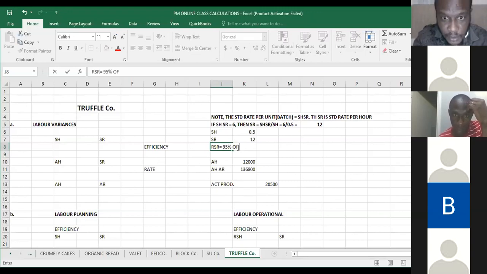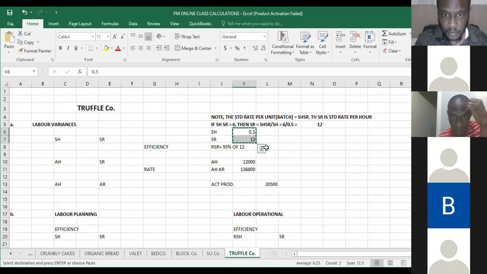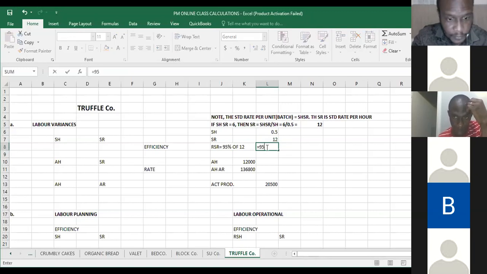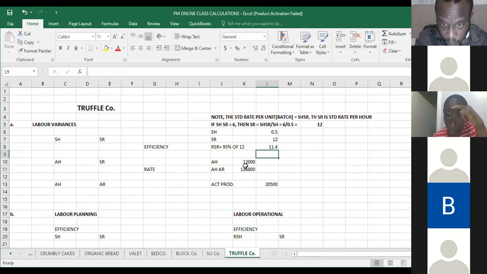So 95% of 12 is $11.4. All right. So that's that.